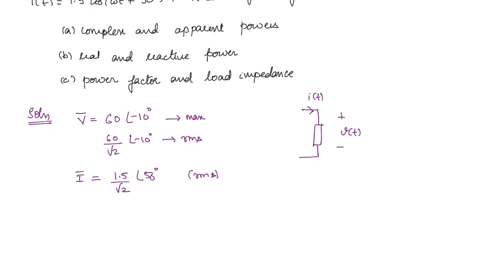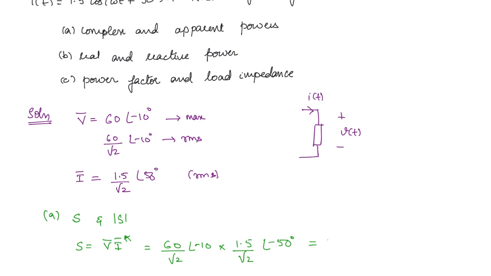Next, the first bit is complex and apparent power. So we need S and the magnitude of S. What is S? This is equal to V bar times I bar conjugate. So 60 by root 2 angle −10 into the I bar conjugate, which is 1.5 by root 2 with angle −50 degrees.